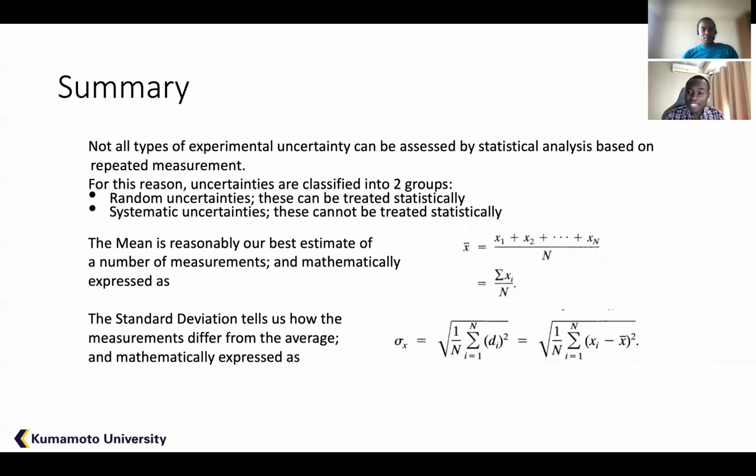We also saw the mean, which gives us a reasonable estimate of the true value and is mathematically represented as the sum of the values divided by the number of values. And later we went on to see the standard deviation, where the differences between the mean and the values are squared, summed and divided by the number of values as shown in the equation.